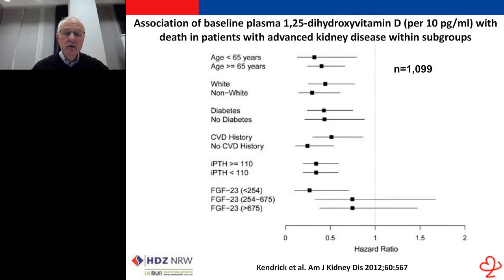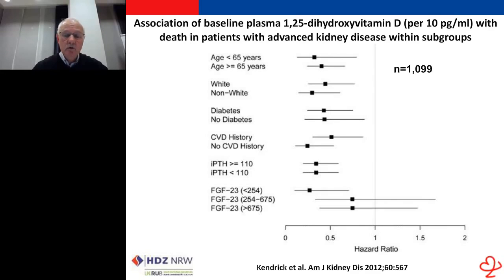And here you can see that if plasma 1,25-dihydroxyvitamin D levels decrease, then there is an increase in the risk of death. Or in other words, an increase of 10 picograms per milliliter in plasma 1,25-dihydroxyvitamin D is associated with better survival in the patients.